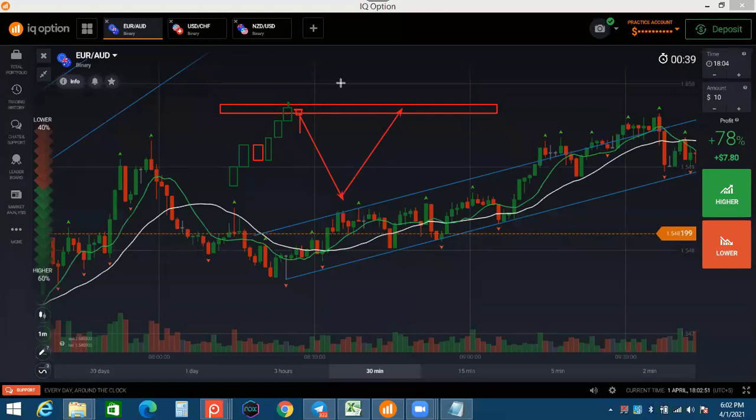The next time when it touches, don't trade immediately for a 5 minute expiry. See, is it the same pattern at this level? If it is the same pattern, then place a 5 minute trade. Otherwise, don't. If it's not the same pattern but it's a strong reversal pattern, then you look at it differently.